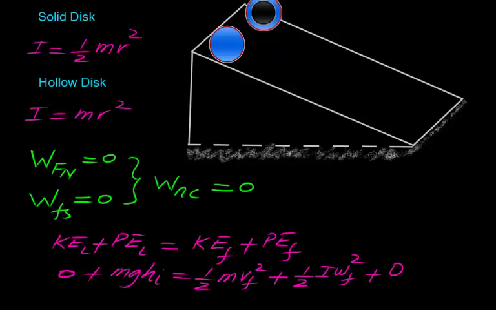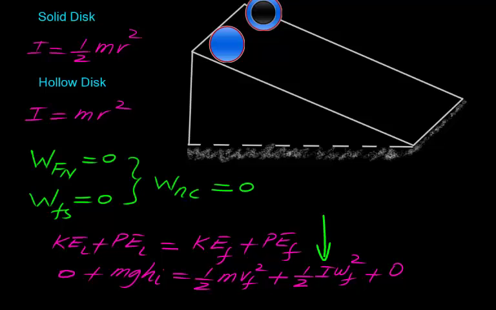Notice that the total initial energy is in the form of gravitational potential energy, which converts at the bottom of the incline to kinetic energy. As stated earlier, this kinetic energy at the bottom of the incline is in two forms: translational kinetic energy and rotational kinetic energy. The amount of rotational kinetic energy clearly depends upon the moment of inertia.